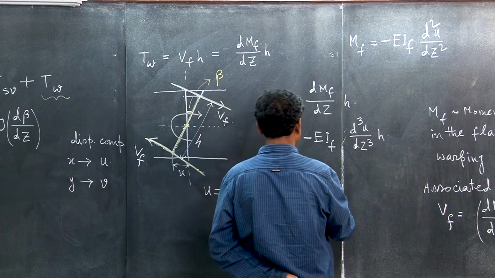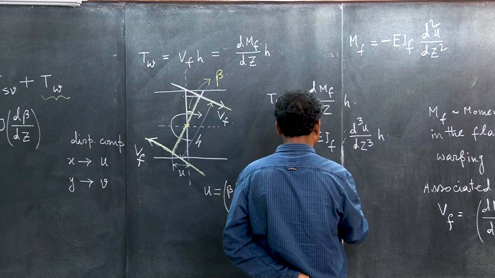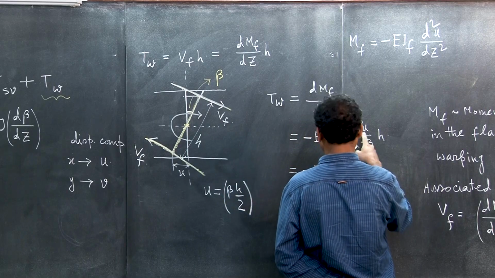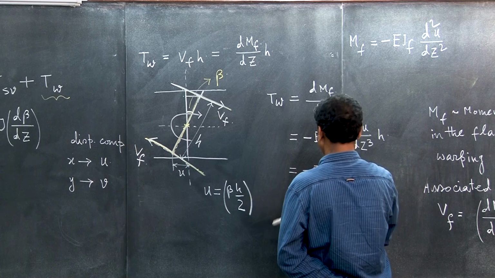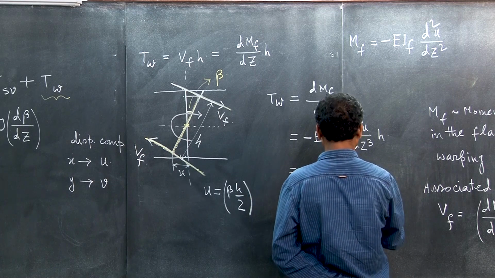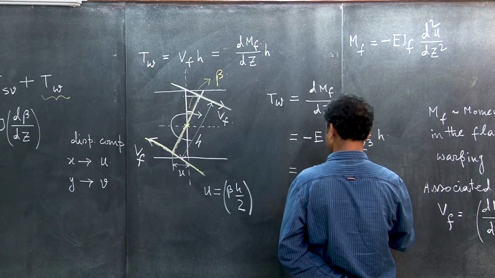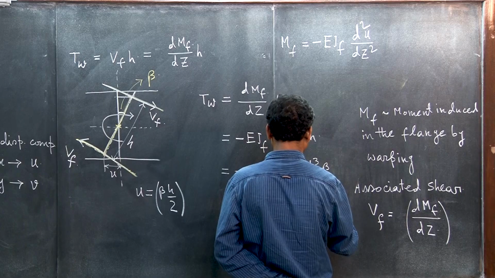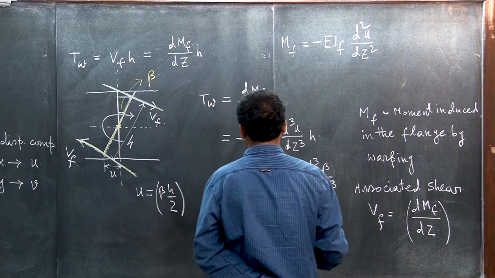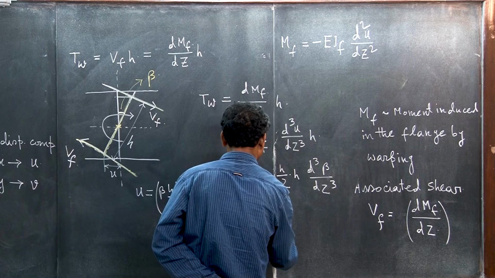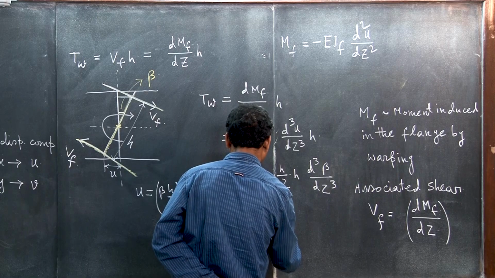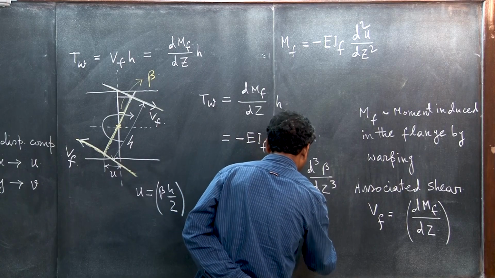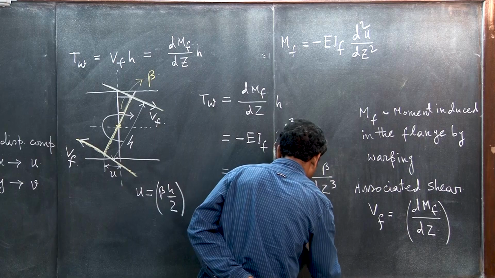So what I will do here, minus E I_F, and beta will change, but h by 2 I will put outside, and then d³beta/dz³, right. So it is going to be minus E I_F h²/2 d³beta/dz³.